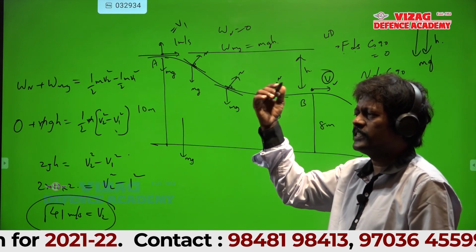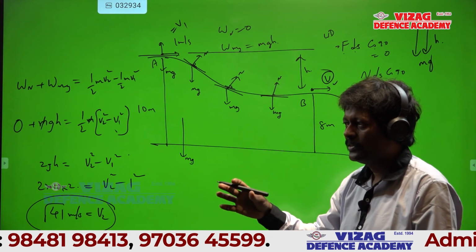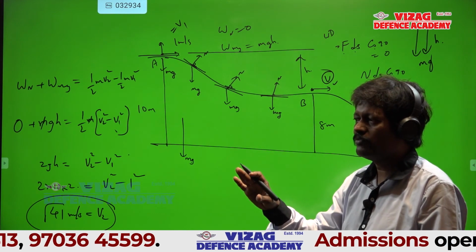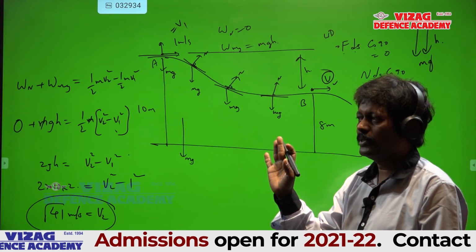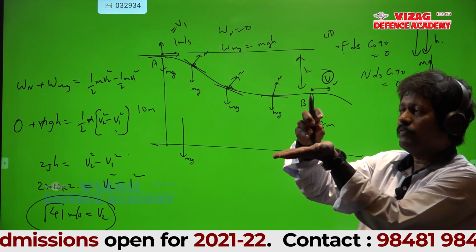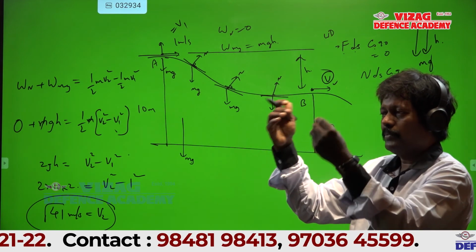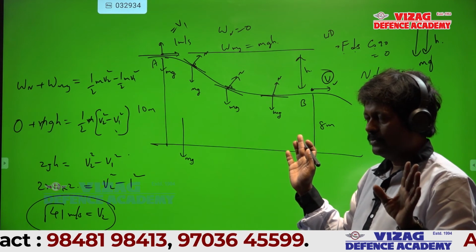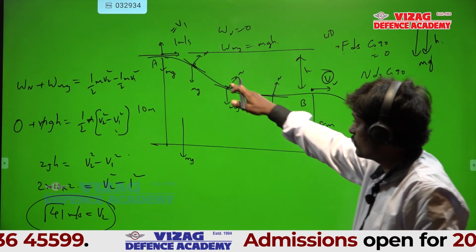Throughout your first year and second year, you need not worry. Work done by normal reaction will be 0. Normal reaction is always perpendicular to the displacement. So, work done by normal reaction is 0. But mg is vertically down.